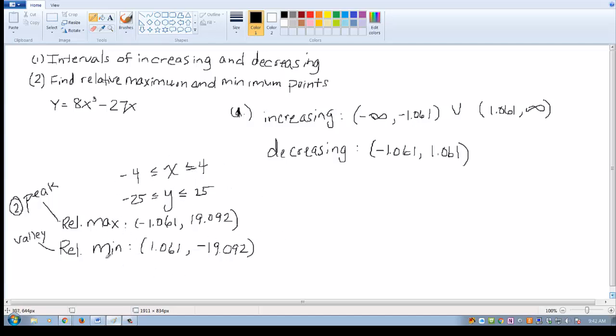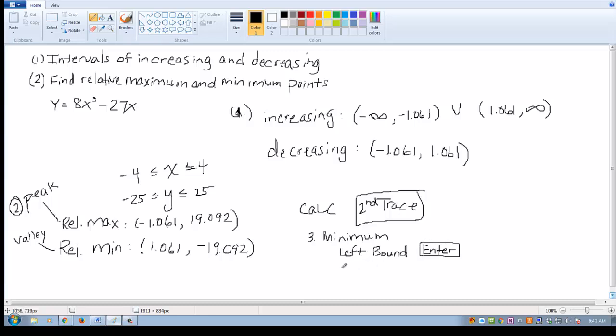But how do you actually find these? Well, what you'll do is you'll go to calculate. Remember, calculate is when you type in second trace. Second trace will get you to calculate. You want to go for the minimum, which is number 3. It's going to ask you for a left bound, so you move it close to the minimum, and then you'll hit enter, and then you'll move it to the right bound, and then you'll hit enter again.